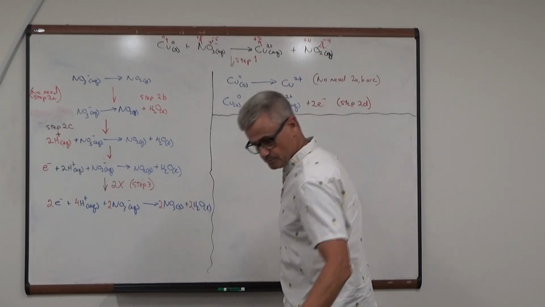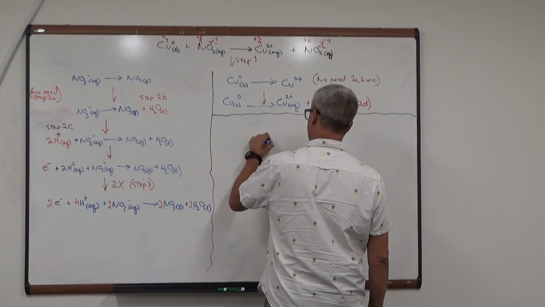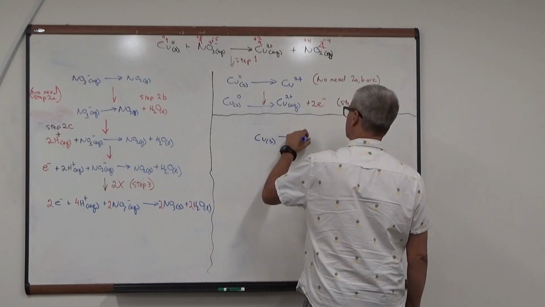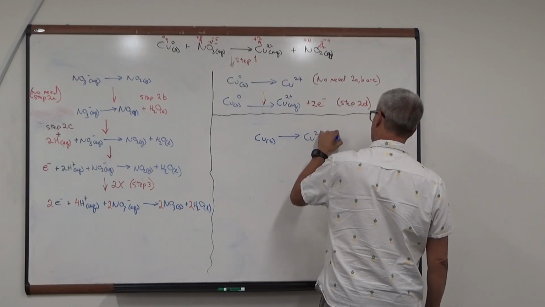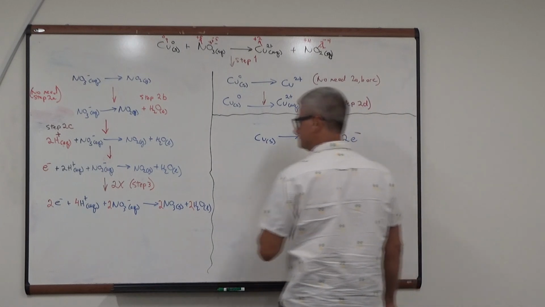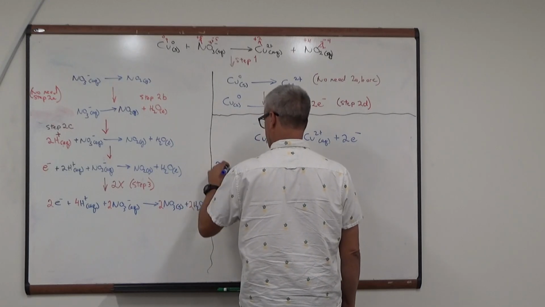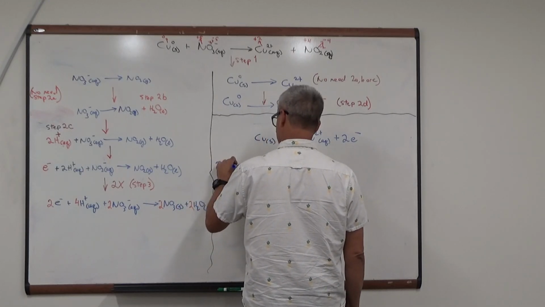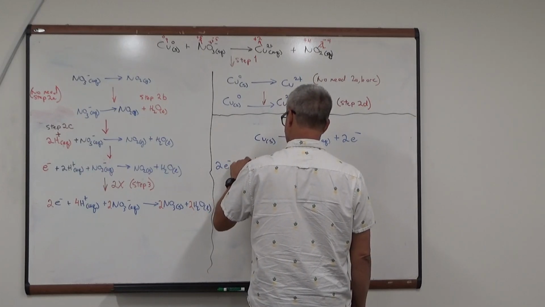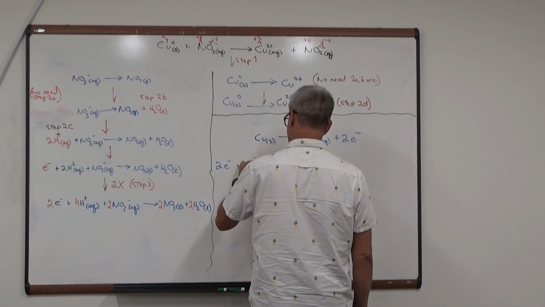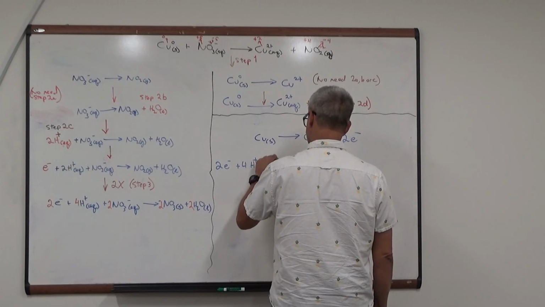So we have copper solid going to copper 2+ aqueous plus 2 electrons. And then we're going to add that to this half reaction: 2 electrons plus 4H+ aqueous plus 2 nitrates.